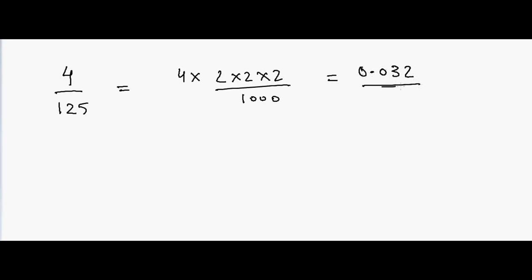That's our answer. Again, if I have 20 and want to divide by 125, so 2 into 8 is 16. So add 16 here, and then I have one more 0 here, but then I can do this. So this will be my answer.